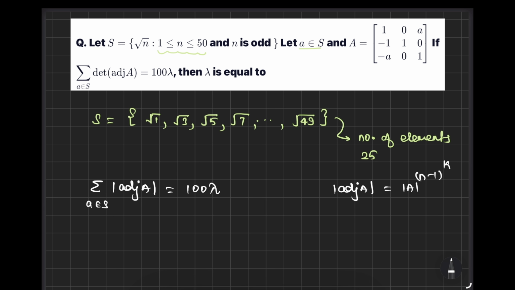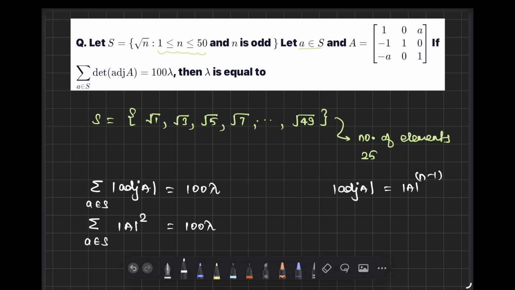Here it is 1, so n minus 1. You know that the order of this matrix is 3 cross 3, so n will become 3, 3 minus 1 is 2, so determinant of A square. So can I write the summation over A belongs to S of determinant of A square equals 100 lambda.